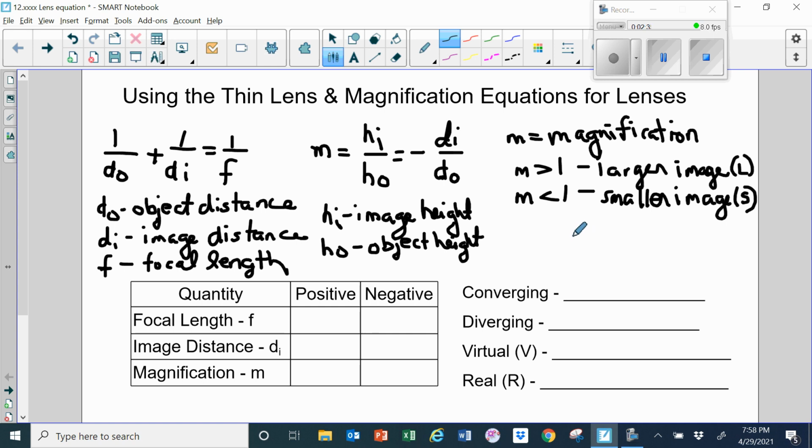So the focal length quantity f, if that is positive, then the lens is converging. I'm just going to write converge here. And a converging lens is a convex lens.